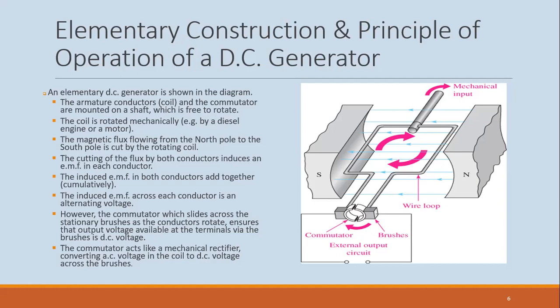Now, the generator basically converts mechanical energy into electrical energy. So initially, there's no current in the conductors, right? But by some means, we will rotate the conductors.